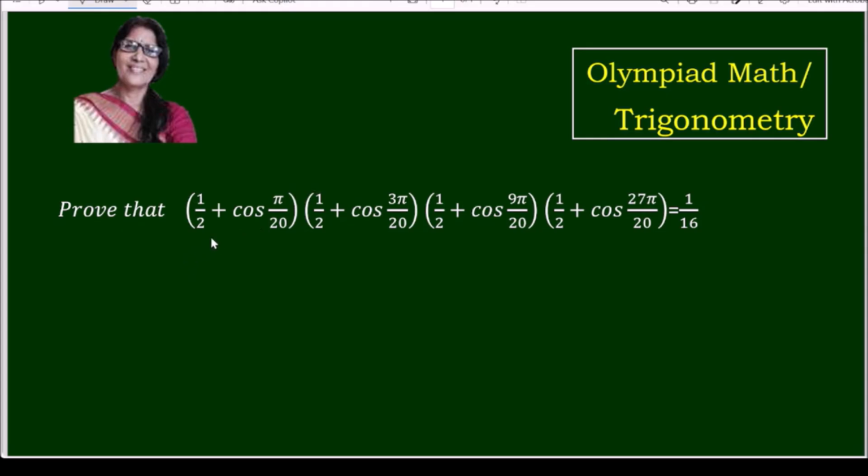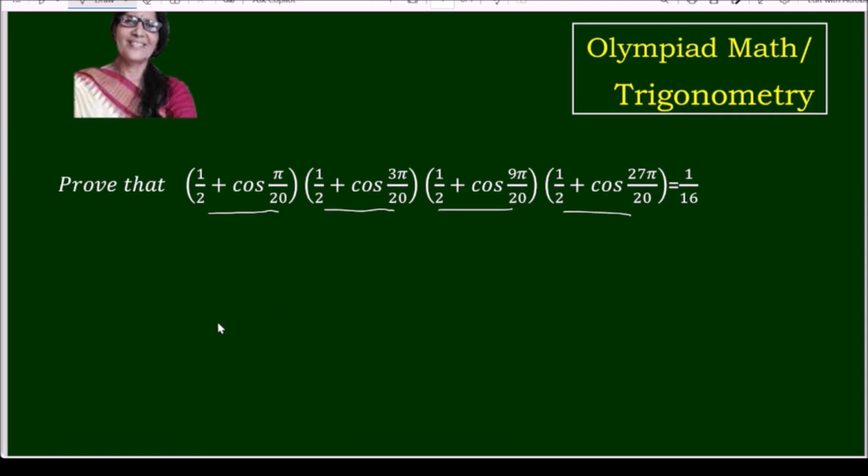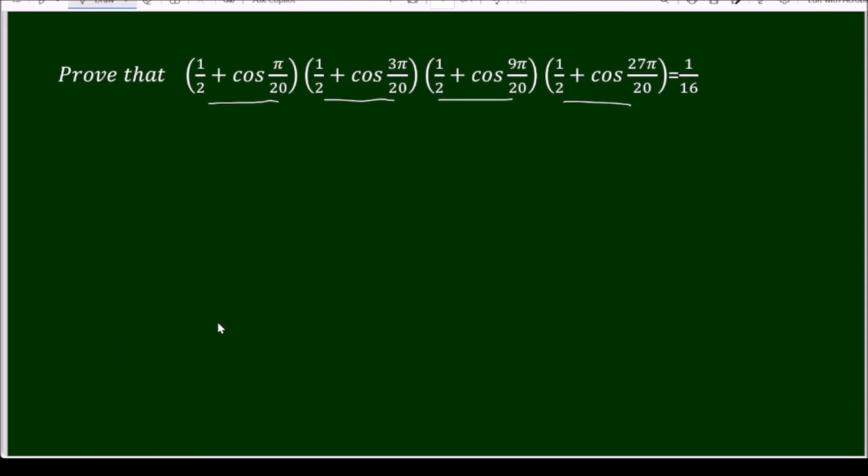Prove that half plus cos pi by 20 multiplies half plus cos 3 pi by 20 multiplies half plus cos 9 pi by 20 multiplies half plus cos 27 pi by 20 equals 1 over 16. So let's derive some formula for each factor of this expression.